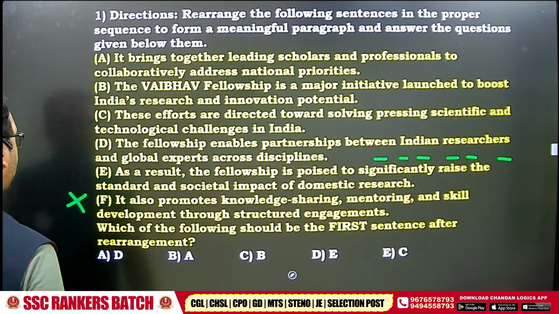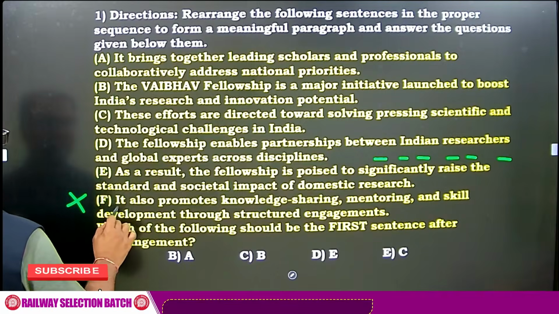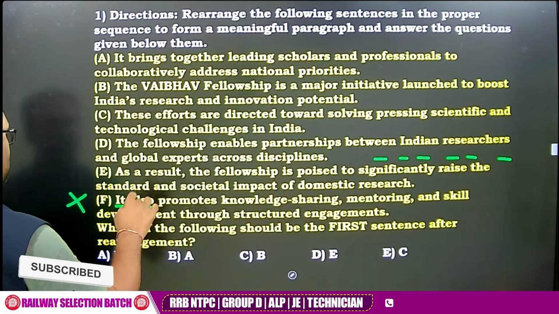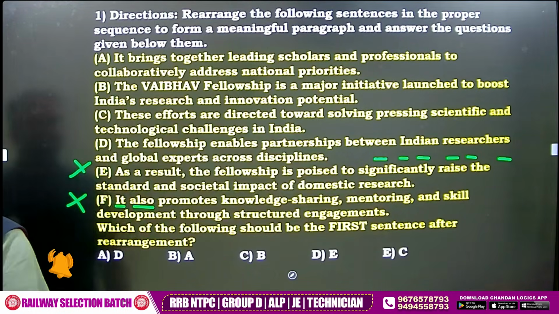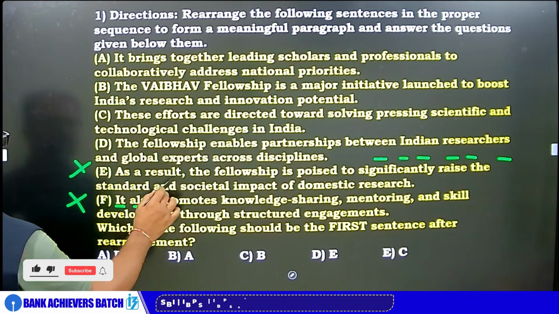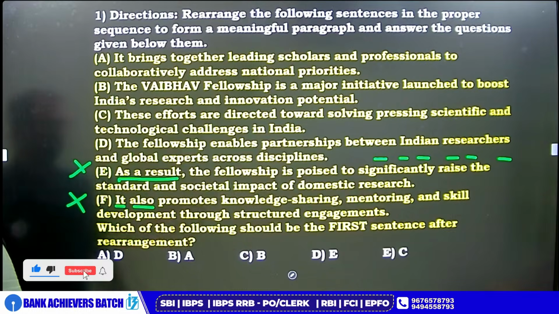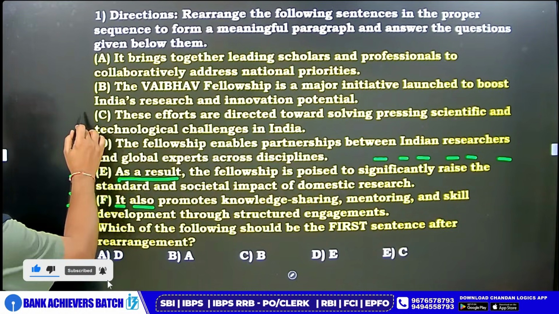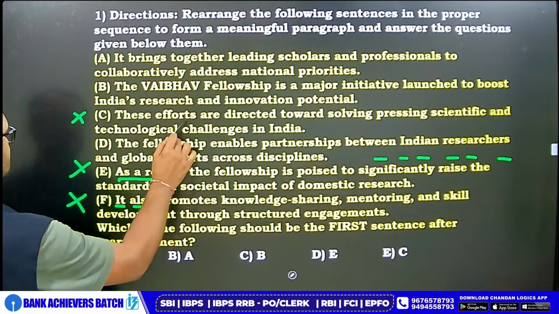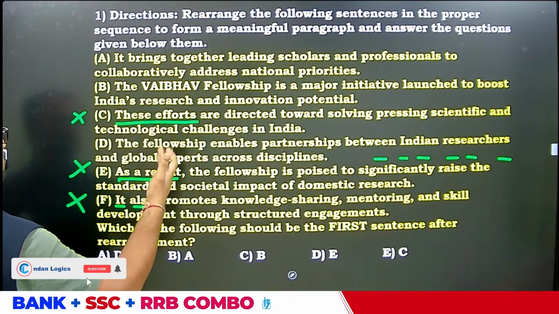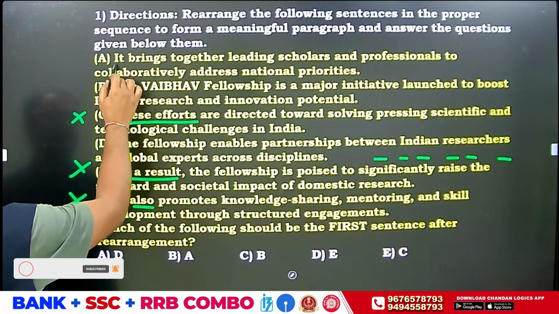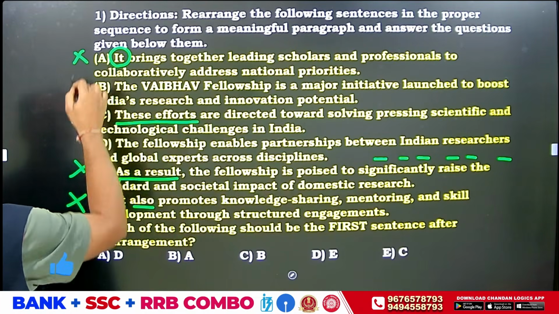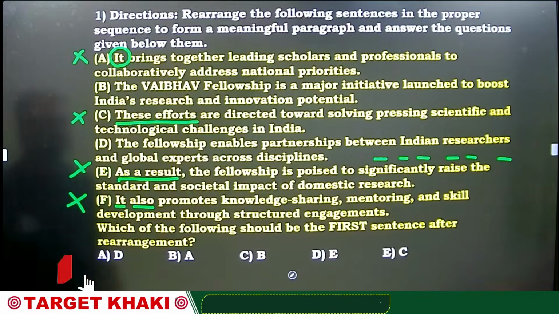F cannot be the first statement because it is a pronoun. Also is also a very important thing that it can't be the first sentence. E cannot be the first statement because as a result, it cannot be the first statement. Now C cannot be the first statement because these efforts, what efforts you are trying to say? It brings together. What is it? Nobody knows. It cannot be the first statement.